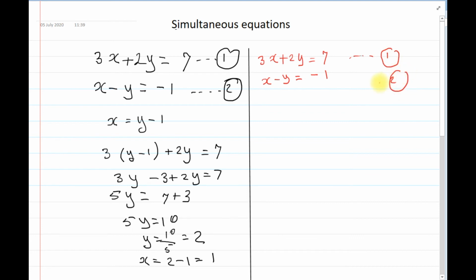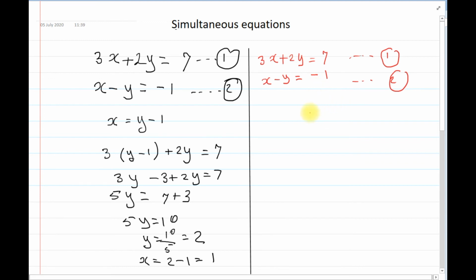In equation 1, the coefficient of x is 3, and in equation 2, the coefficient of x is 1. So, if I multiply equation 2 by 3, that means I multiply every term in the second equation by 3, then the coefficients of the x's would be the same.